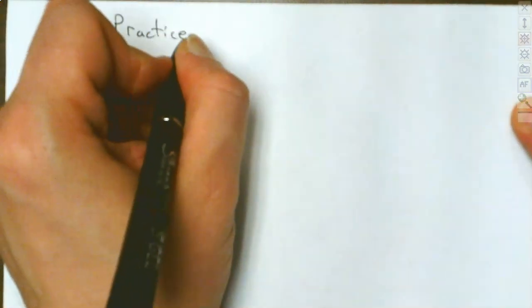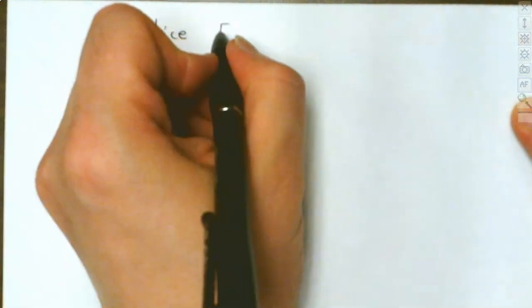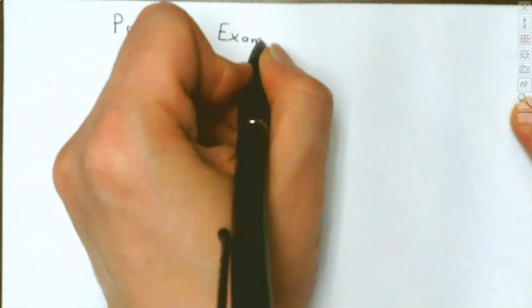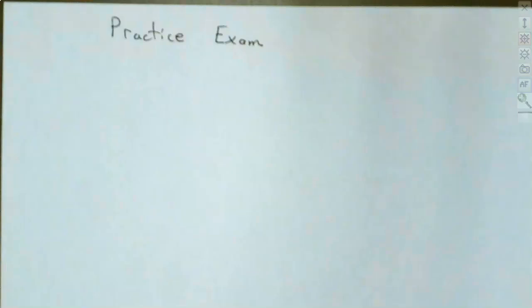So now we're going to just look at a few on your practice exam. And we will have time next week before we take our exam to answer more questions also. But we only have about 30 minutes left. So I'm going to pick the ones that I know students are very, very likely to make mistakes on.